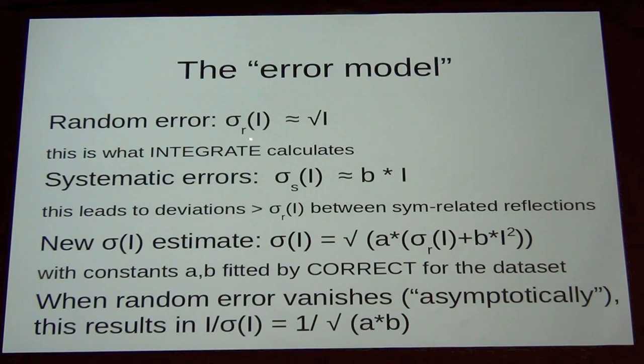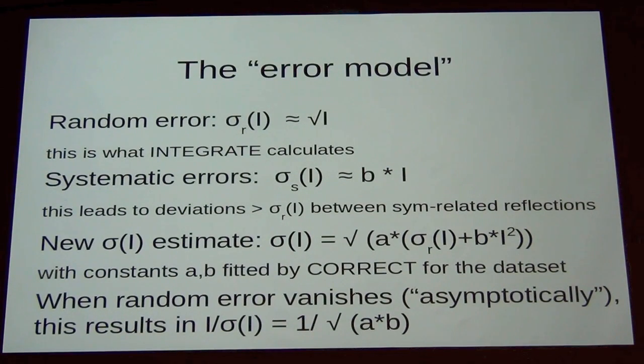So if we look at our random error, indicated by R, this would be approximately the square root of the intensity. In some ways, the background is not given. So this is essentially what the integration calculates. This is all it can do. The systematic errors, as I explained in the morning, are related by some constant, let's call it B, with the intensity.